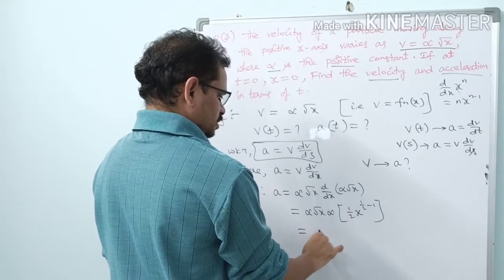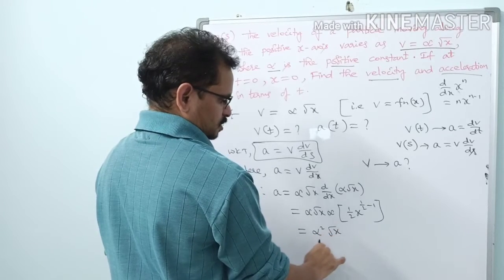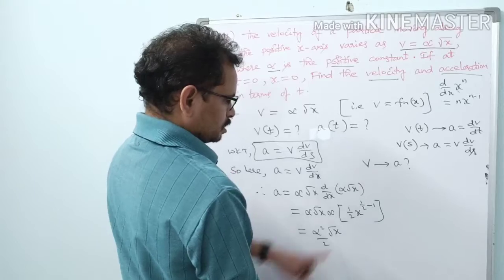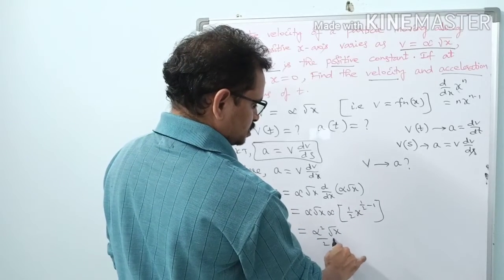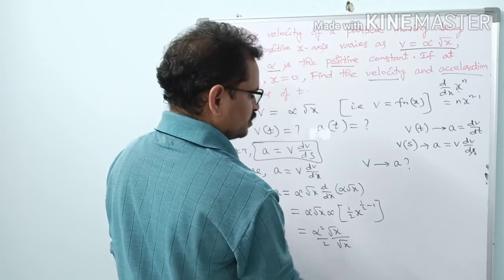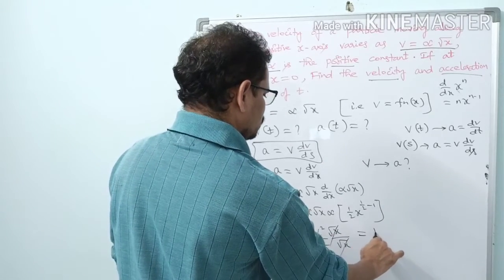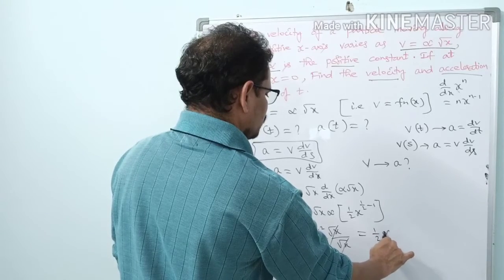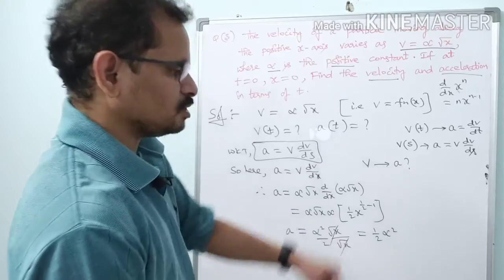So this is equal to alpha times 1 by 2 root x. X power half minus 1 is x power minus half. So root x cancels. So this is equal to half alpha square. So this is acceleration. Acceleration equal to half alpha square.